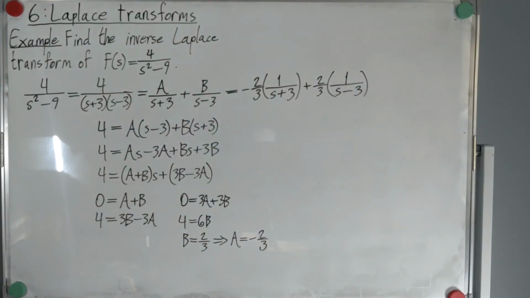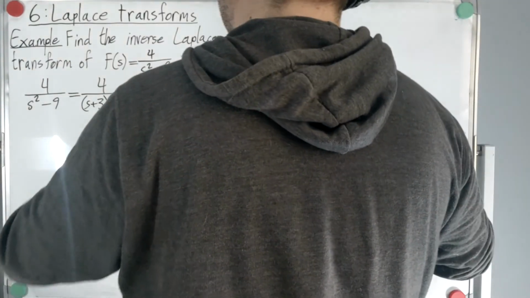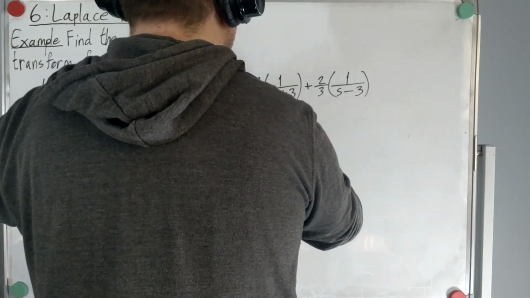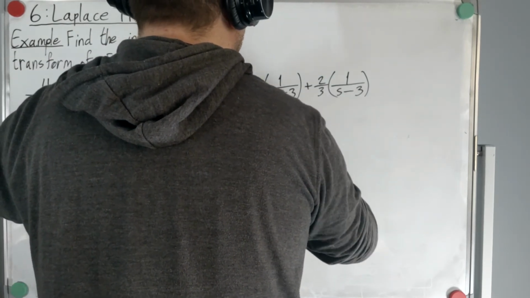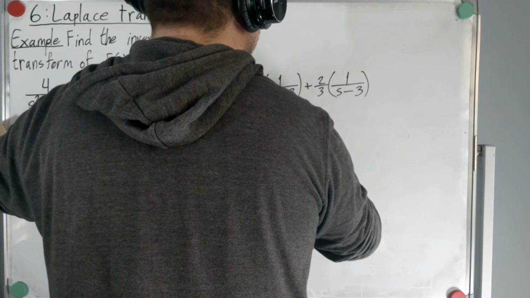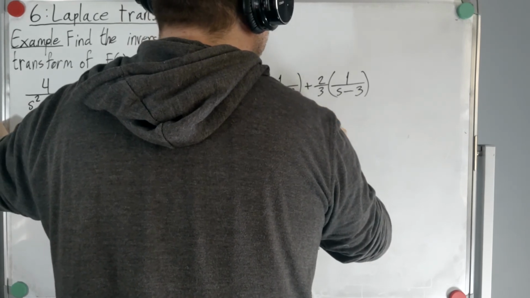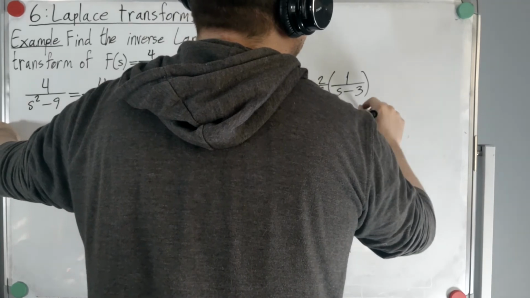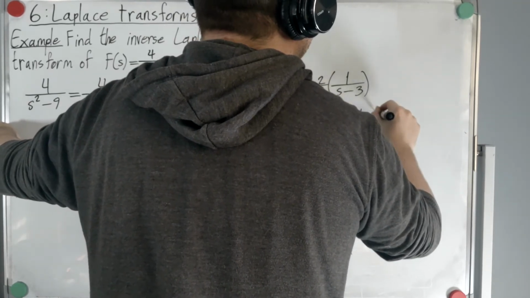So, from here, we just need to look at our table, because what we're trying to do is take the inverse Laplace transform of negative 2/3, 1 over s plus 3, plus 2/3, 1 over s minus 3.